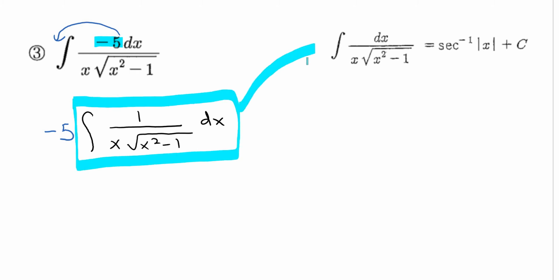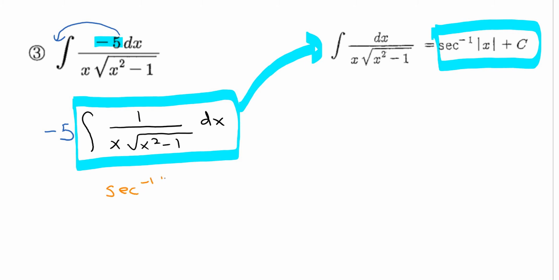You can match that up to one of the identities on your formula sheet, which is the inverse of secant x plus c. So I would write that as the inverse of secant of the absolute value of x plus c, and then the -5 would just remain in front.